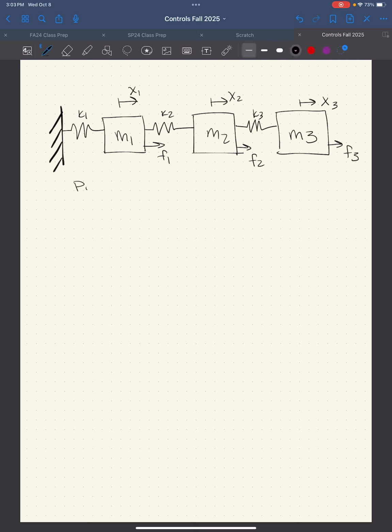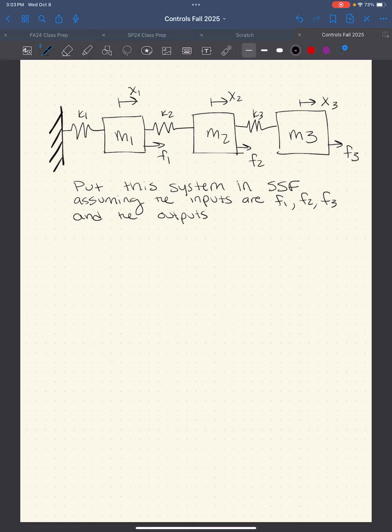Let's say put this system into state space form, assuming the inputs are F1, F2, F3, and the outputs are X1, X2, X3. Okay?